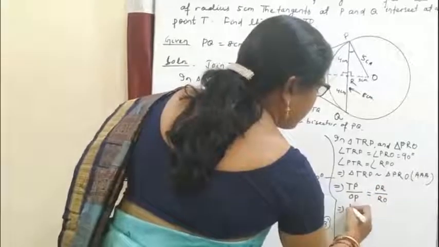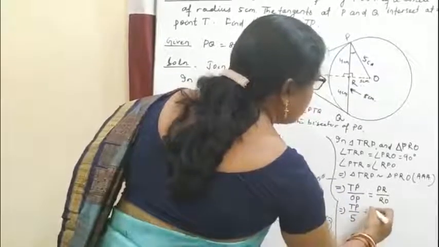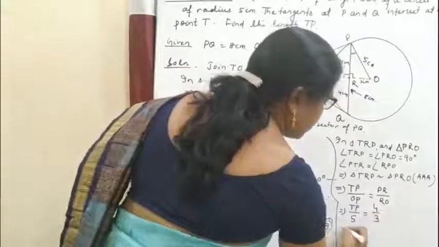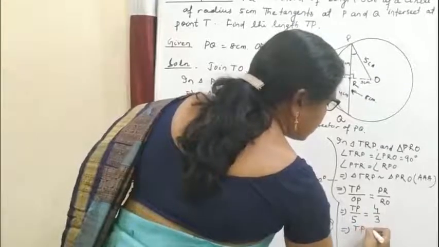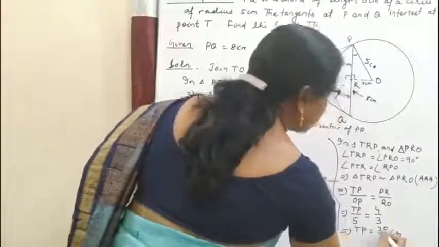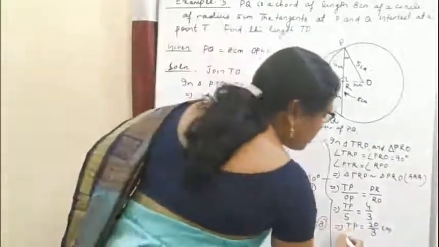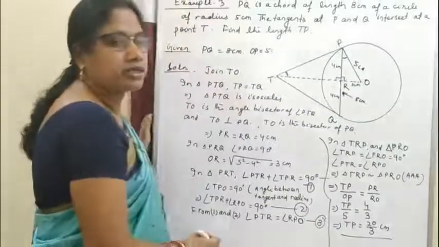So this implies TP by 5 is equal to 4 by 3. So this implies TP is equal to 20 by 3 centimeter. So here we have to find TP. So TP is equal to 20 by 3 centimeter.